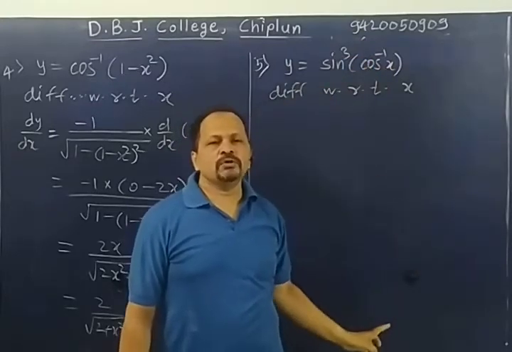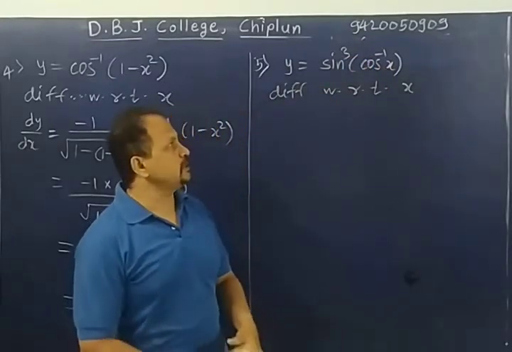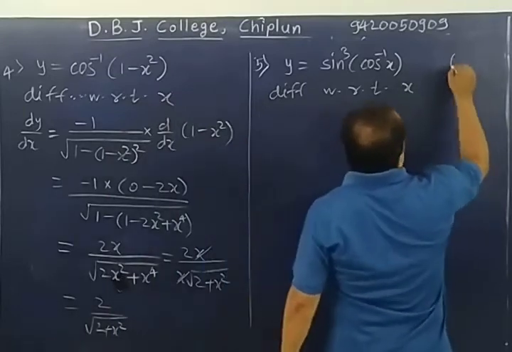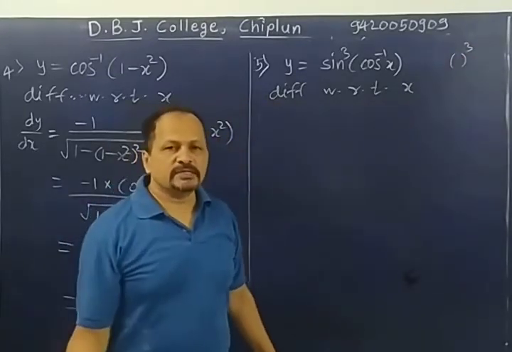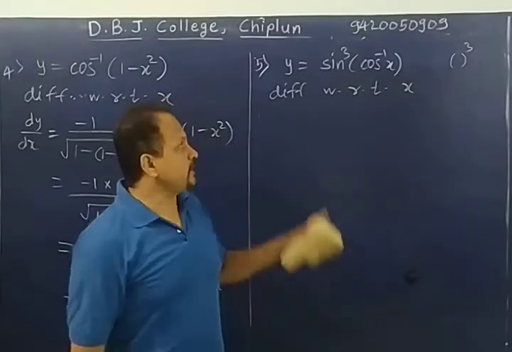We have to find out derivative of the cube initially. Derivative of bracket cube is 3 into bracket square into derivative of bracket.